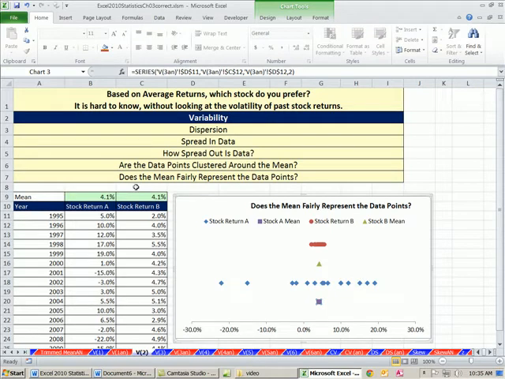Even more importantly, our measures or our visual portrayal of variability answers the question, does the mean fairly represent the data points? Notice this is 4.1, and all of the data points here are pretty close. They're all about 4.1. But now let's ask the same question here. Does this mean fairly represent its data points? Well, it's 4.1, but what about this one? Does 4.1 return fairly represent a minus 22%?